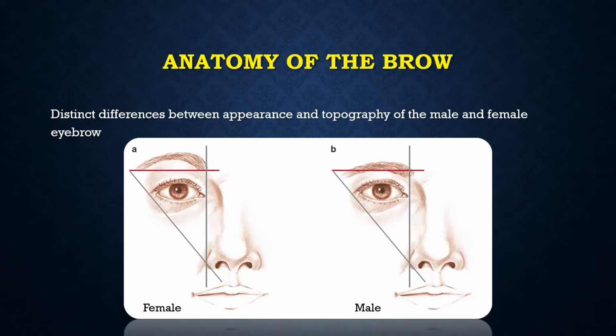In general, we all understand that there are distinct differences between the appearance and the topography of the male and the female brow. In the females, the brow tends to be over the orbital ridge, the superior orbital ridge, and the lateral portion of the brow tends to be higher than the medial portion of the brow.